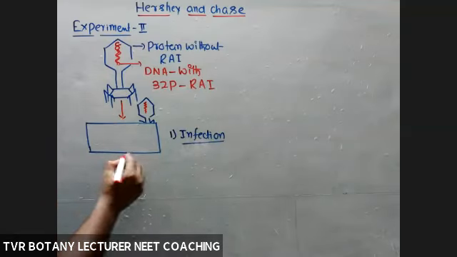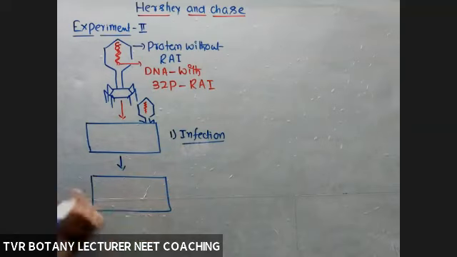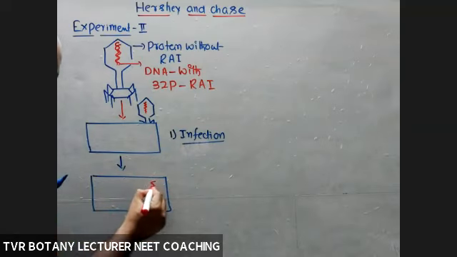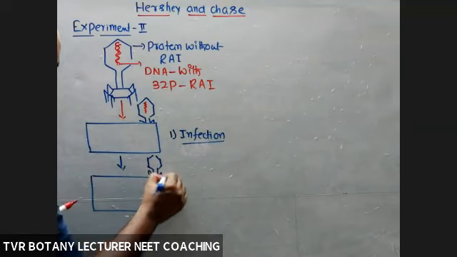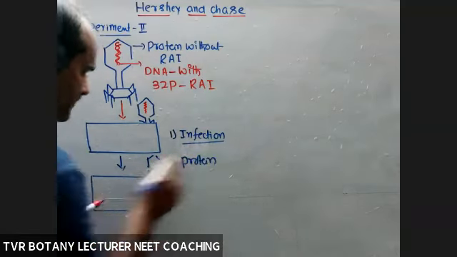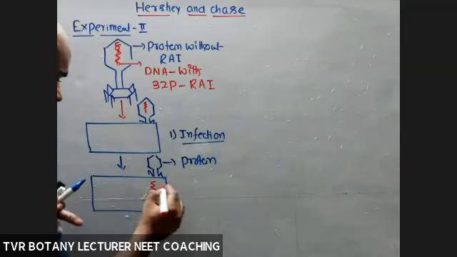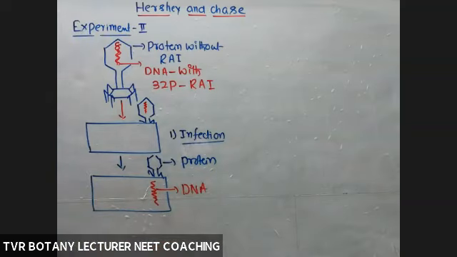Okay, so because of infection, the viral DNA penetrated into bacterial cell. Ghost is outside, protein coat. Only protein. Protein of virus, the DNA. DNA of viruses.